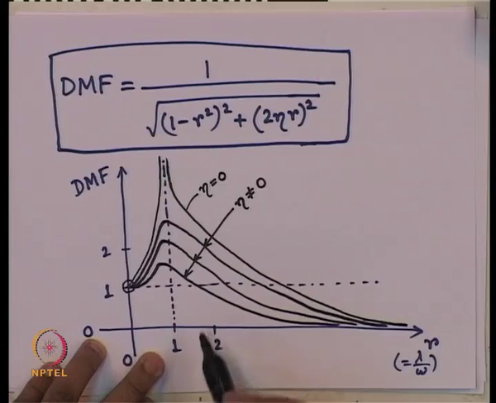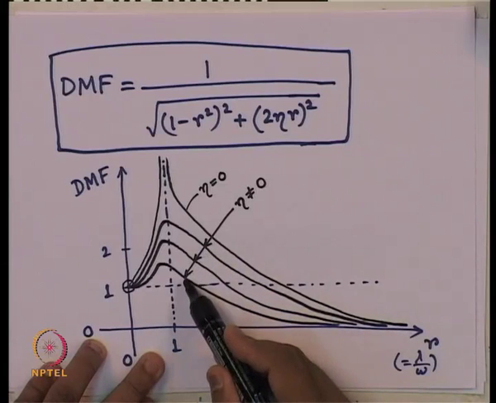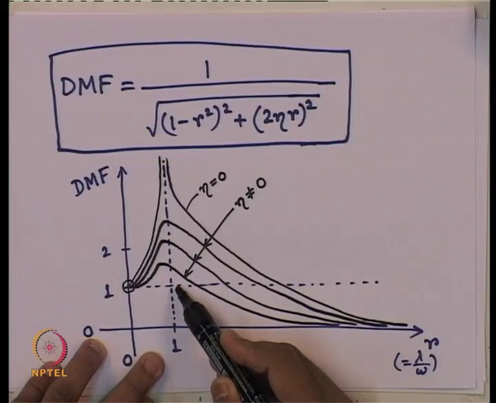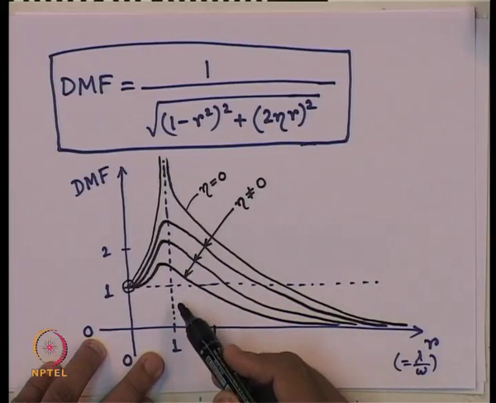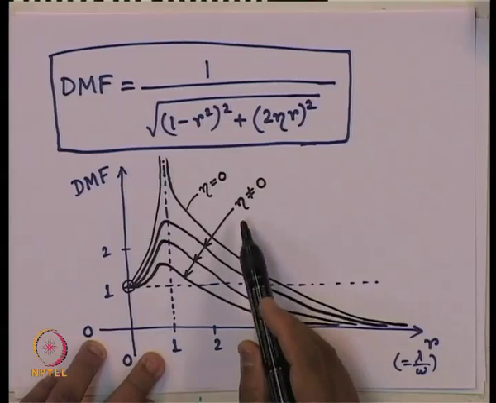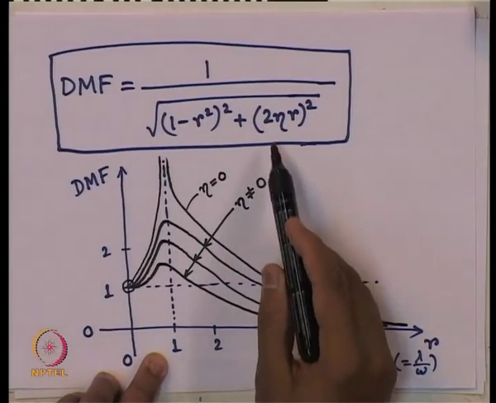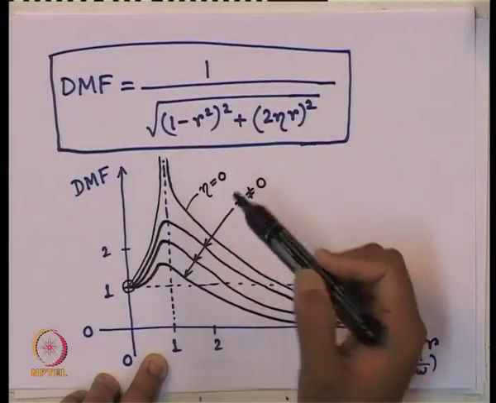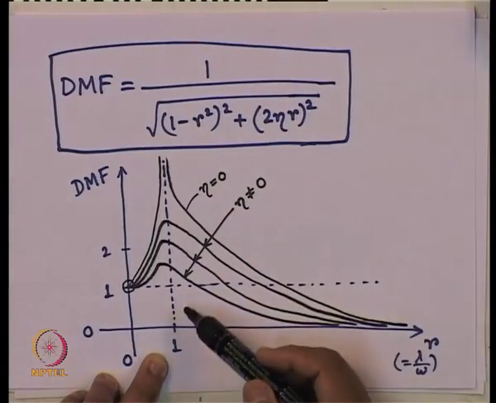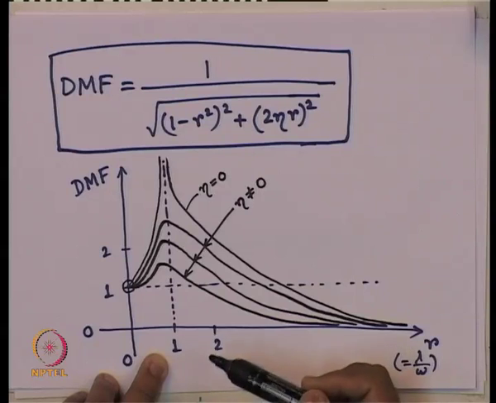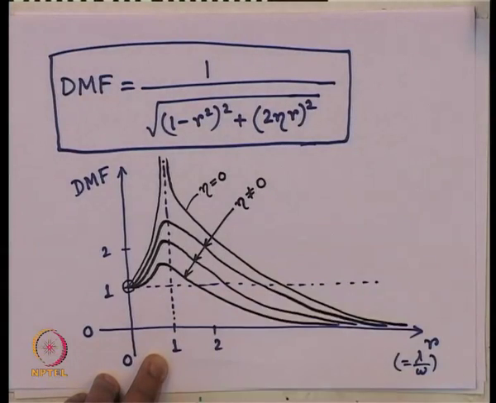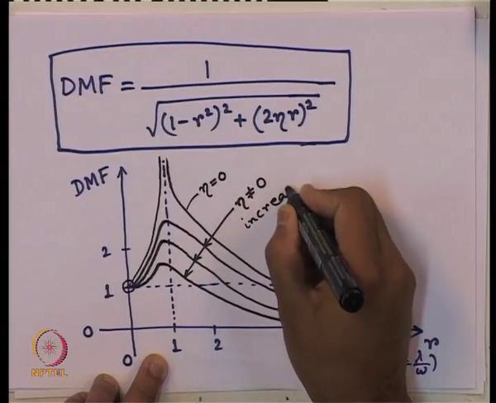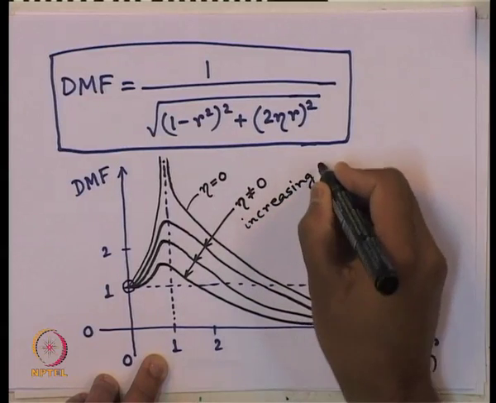Now, what does this show? This is in the decreasing values of eta or increasing values of eta. If the value of eta is increasing, what will we get? The DMF value will keep on decreasing. So, this is in the increasing trend of increasing eta.